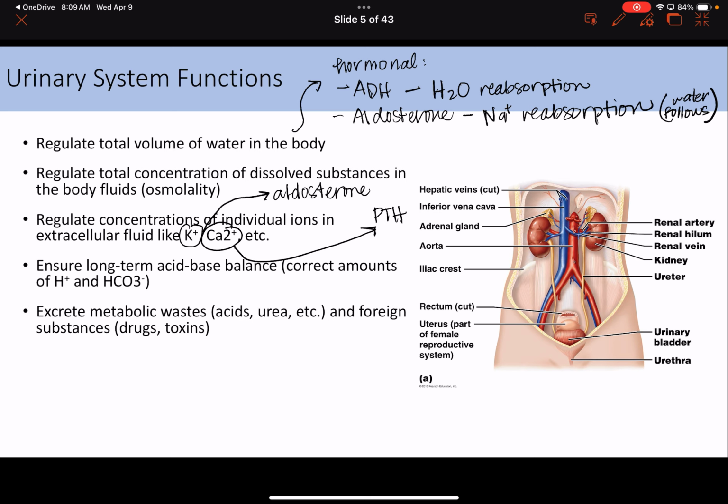Yes, 7.35 to 7.45. We're going to excrete metabolic waste like acids and urea, which if you haven't finished that nutrition lecture, you'll learn about urea and protein breakdown during the rest of that nutrition lecture. And then also getting rid of foreign substances like drugs and toxins.